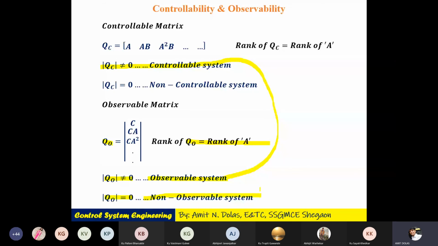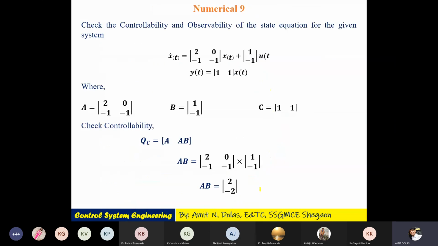Let's have only one example, a very short example, and then we'll stop. Such an example comes: check the controllability and observability. You may get such a very small numerical, so such kind of MCQ may be there in the university exam. Of the state equation given. What is the state equation? X dot is 2 0 -1 -1, this is nothing but A, the system matrix, into x of t plus 1 -1 u of t.